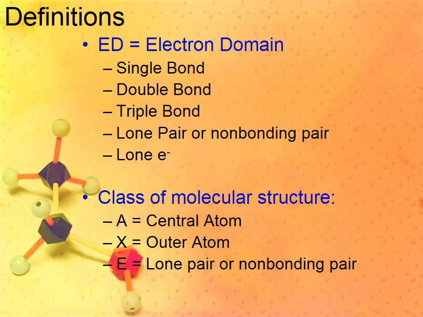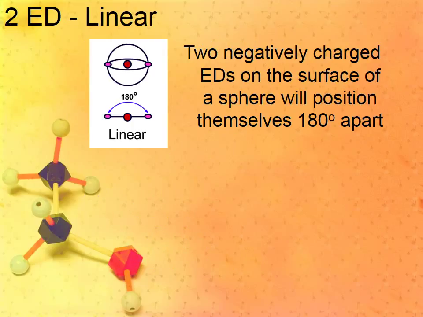Letter A represents the central atom of the structure. Letter X represents the other atoms, the atoms that are attached to the central atom, and E represents a lone pair.